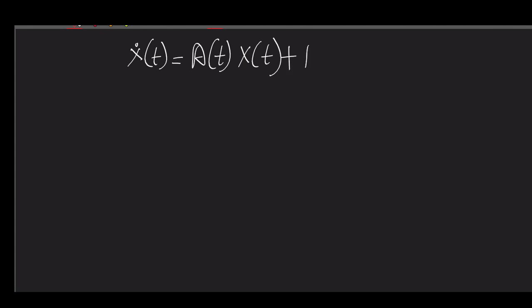So let me write the example, a state variable change that we can use to find the solution, the type of solution we guessed in our previous discussion. Let us take the example x dot t is equal to A t x t.